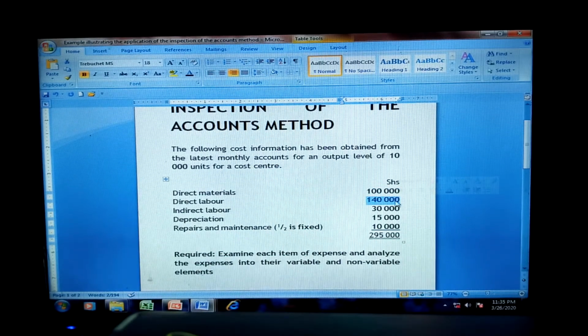Direct labor is also a direct cost or a variable element. Now indirect labor, this is a non-variable element because it is indirect. We cannot specifically trace this to specific units of a product. Depreciation, this is a non-variable element. Repairs and maintenance, this is the semi-variable, but we know that half, that is 5,000, is variable and the other half is fixed.